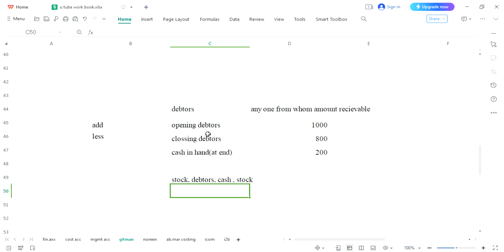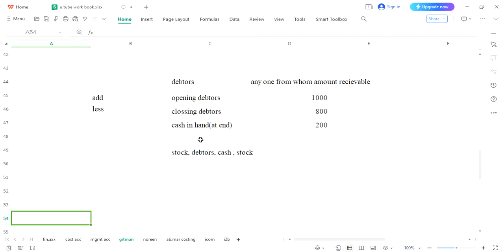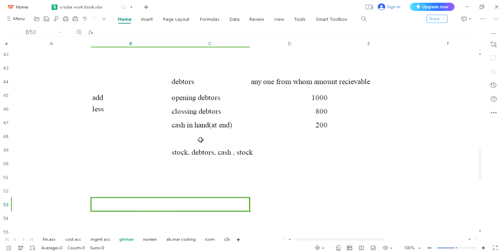For all current assets, you will be dealing with the same category. You will add opening assets and will subtract closing assets. All right. So we want to know cash from operation. The first thing we have understood is what to add.